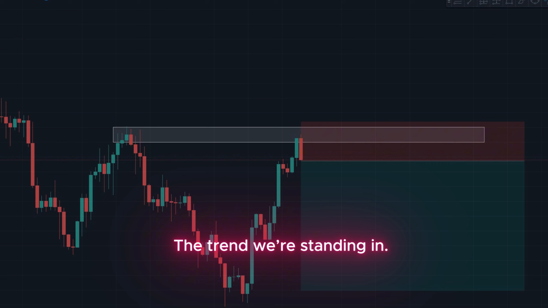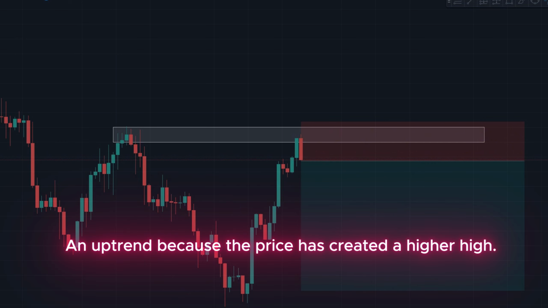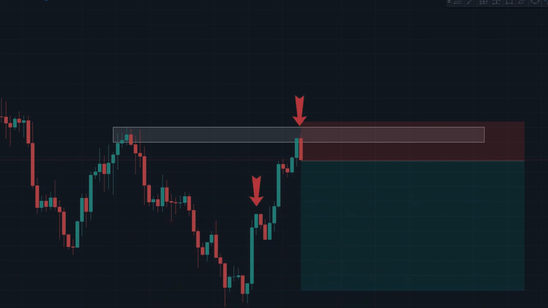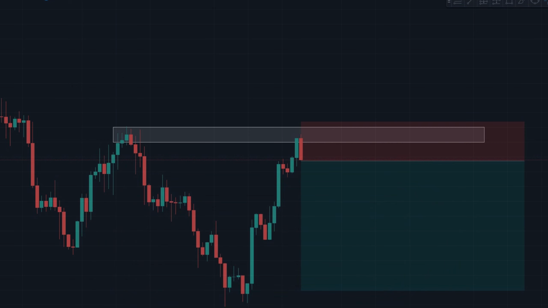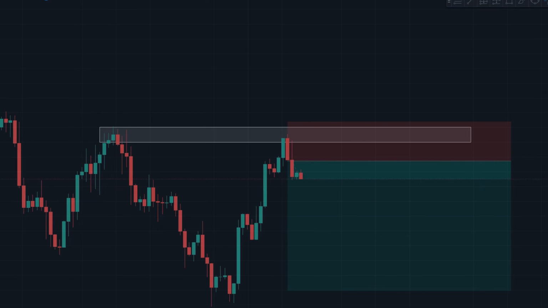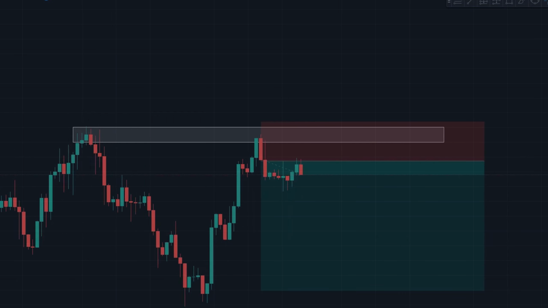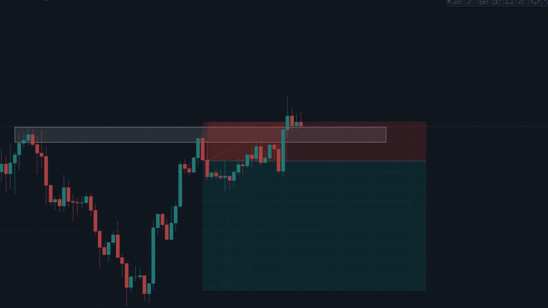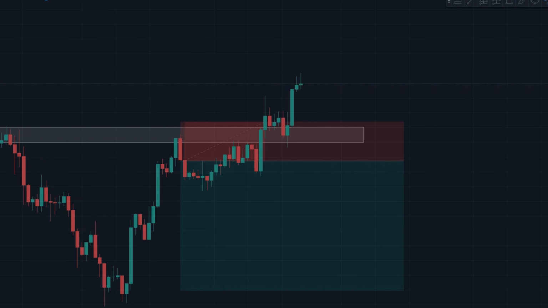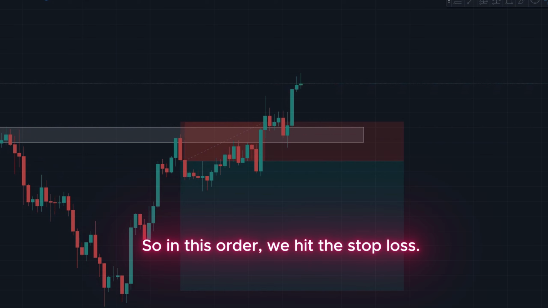The trend we're standing in is currently an uptrend. An uptrend because the price has created a higher high and a higher low, and we think this reversal candlestick pattern can reverse an entire uptrend. Now let's see the result together. So in this order, we hit the stop loss.